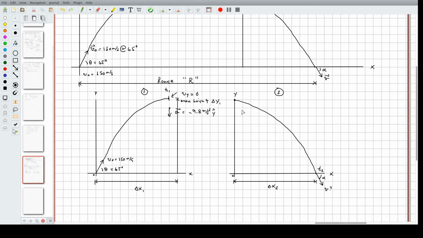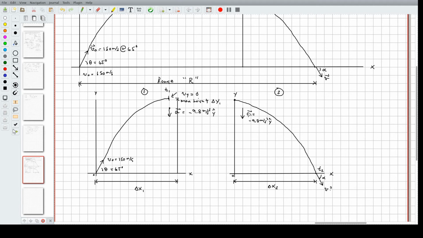And let's just go ahead and put our acceleration due to gravity in here, once again, down like that. 9.8 meters per second squared down the y direction. Okay, so this looks pretty much it for part 1 and part 2.